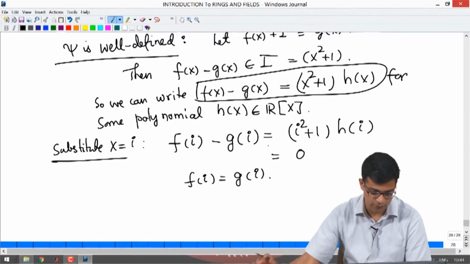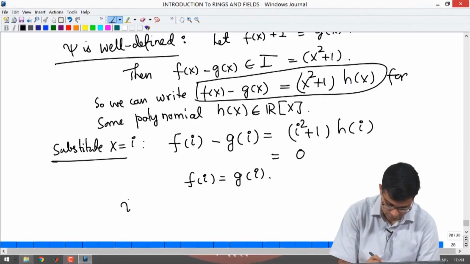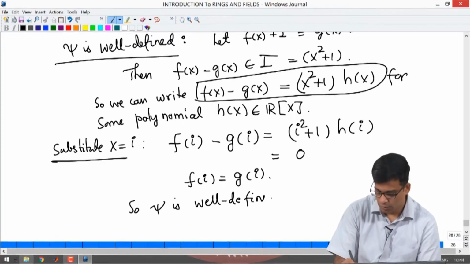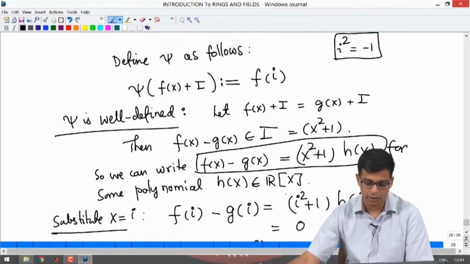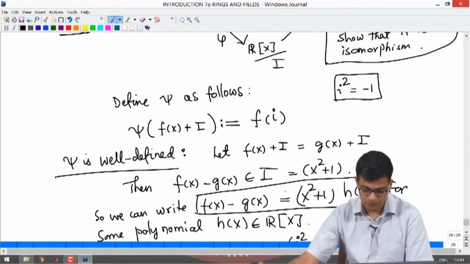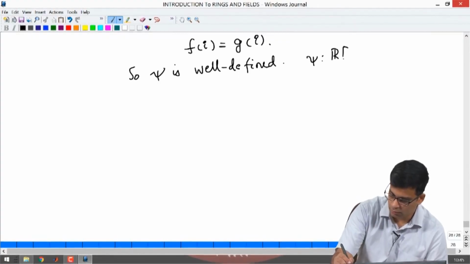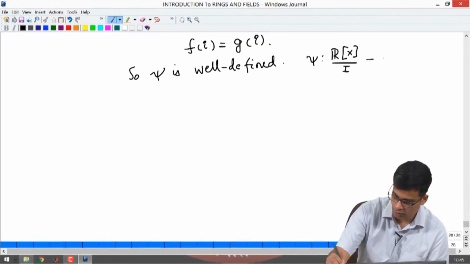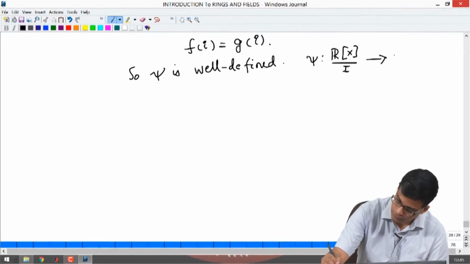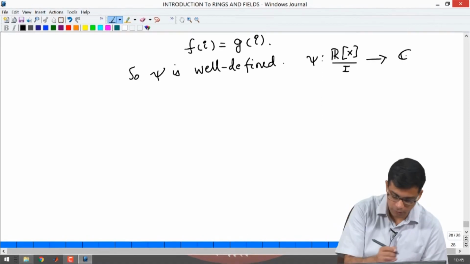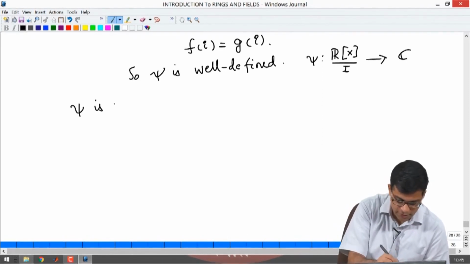So, this proves that psi is well defined. So, we have a well defined map at least from R[x] mod I to C.